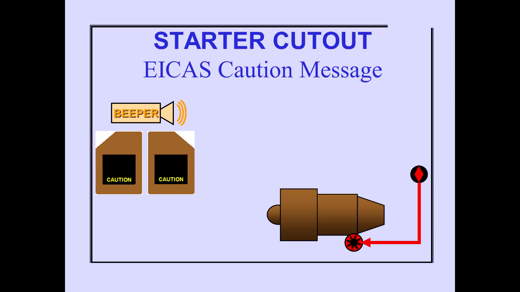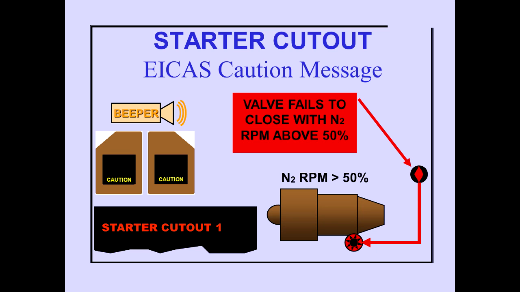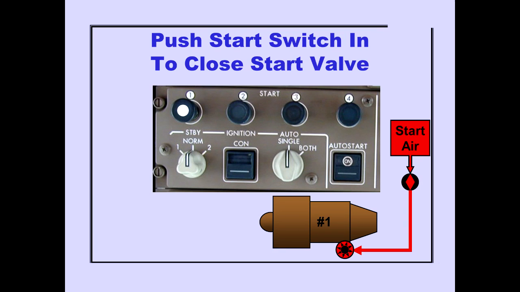The EICAS caution message, starter cutout, is displayed when N2 RPM increases past 50% and the start valve fails to close. Pushing the start switch in closes the start valve.